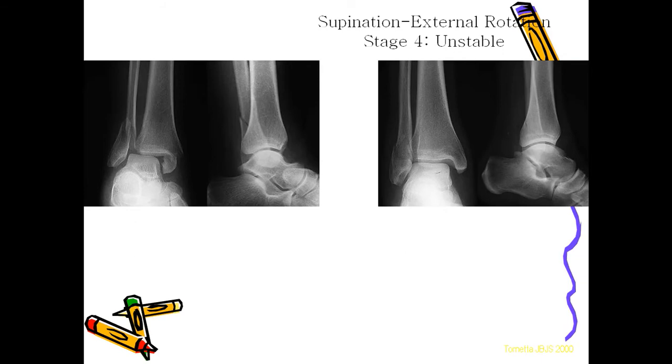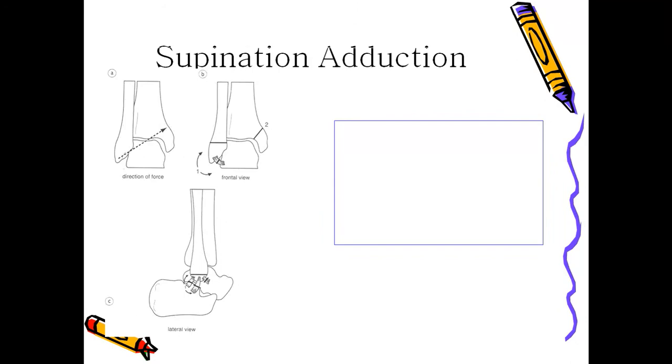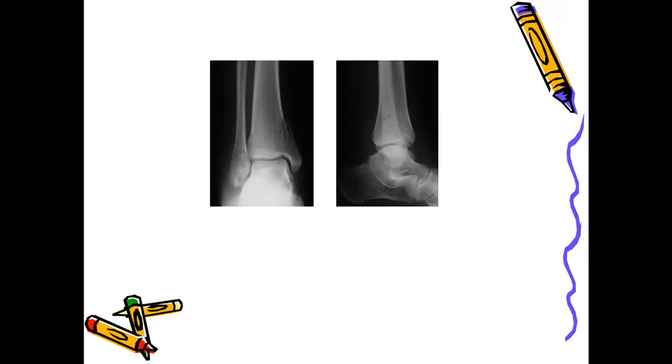Next, pronation external rotation. This is one type of example for pronation external rotation injury. Just remember the name and mechanism of injuries like pronation abduction, supination adduction, pronation external rotation, supination external rotation. These four. Later, in next semester, you will come to know very easily.